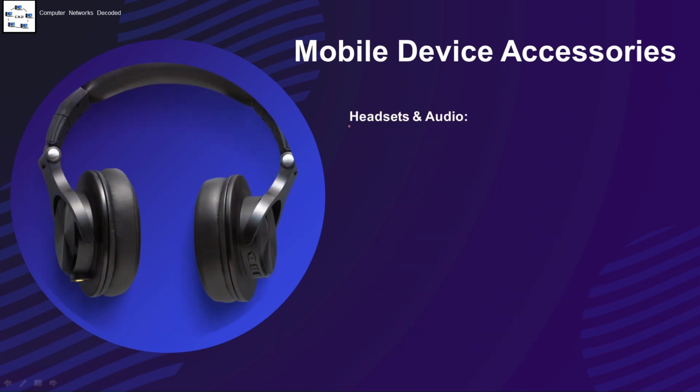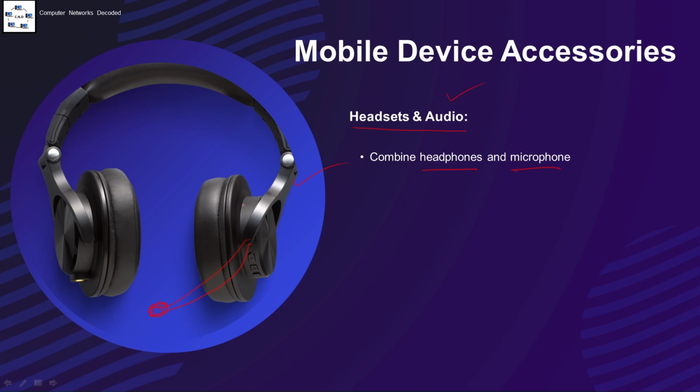Next mobile device accessory are the headphones and audio. So the headset basically combines the features of both the headphones as well as microphone. The headset here, this one does not have, but the headset basically has a microphone as well.